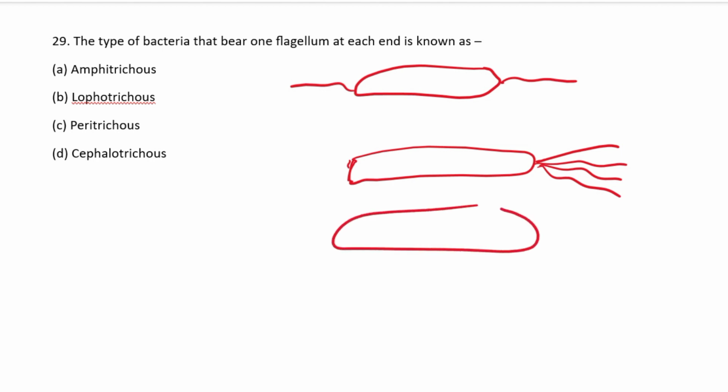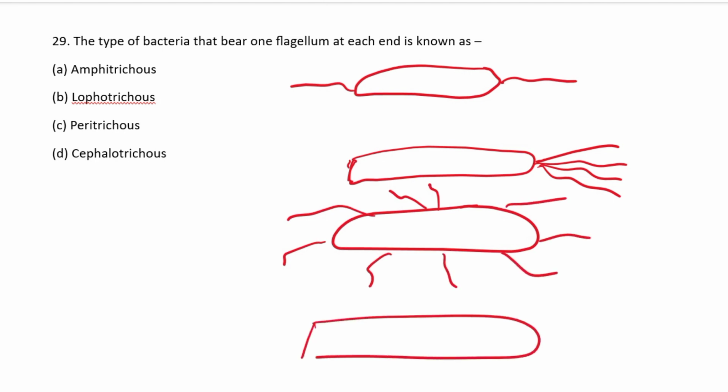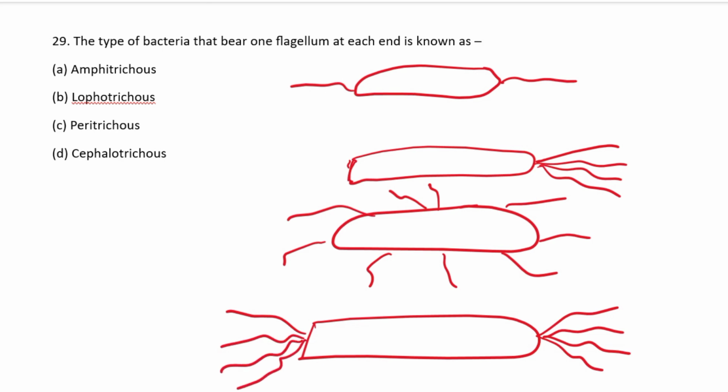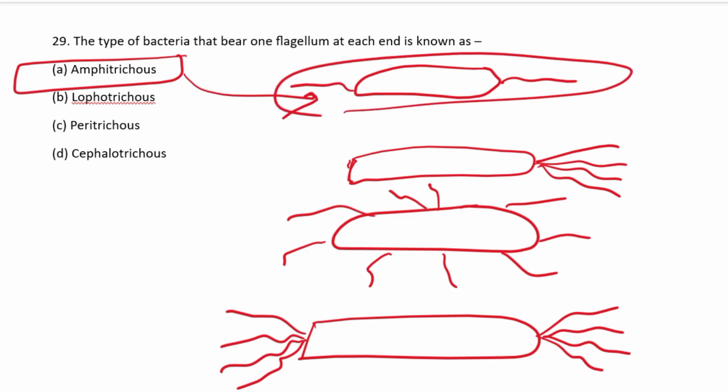Then there is another kind of arrangement. All over the body there are flagella present in bacteria, and another type is when two opposite ends have multiple flagella. So in amphitrichous, that is option number A, this is for option number A, one flagellum at each end.